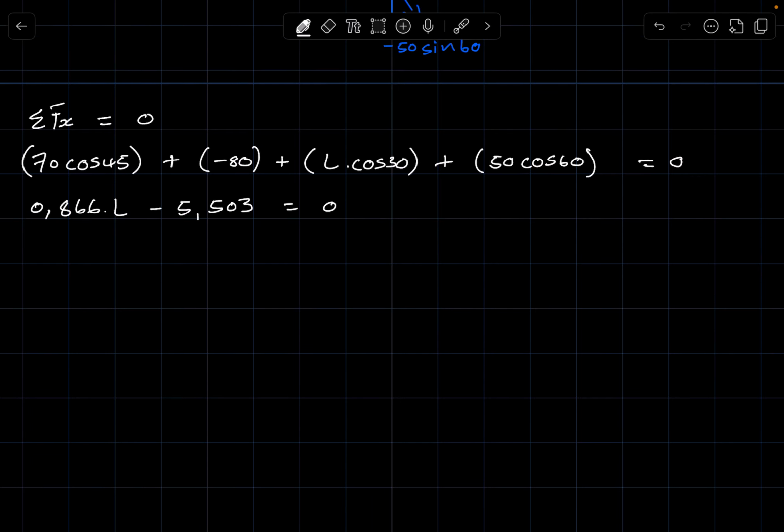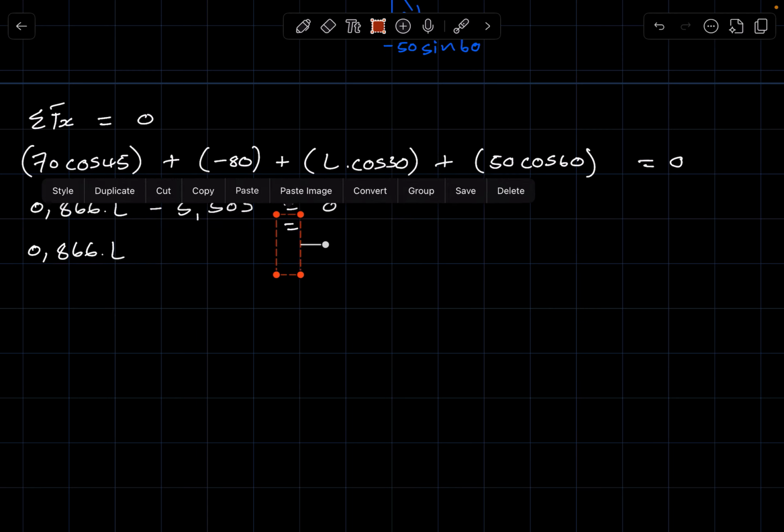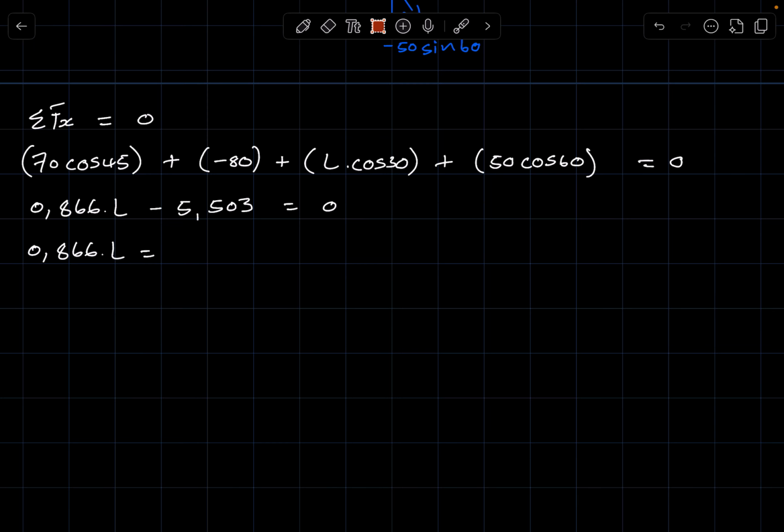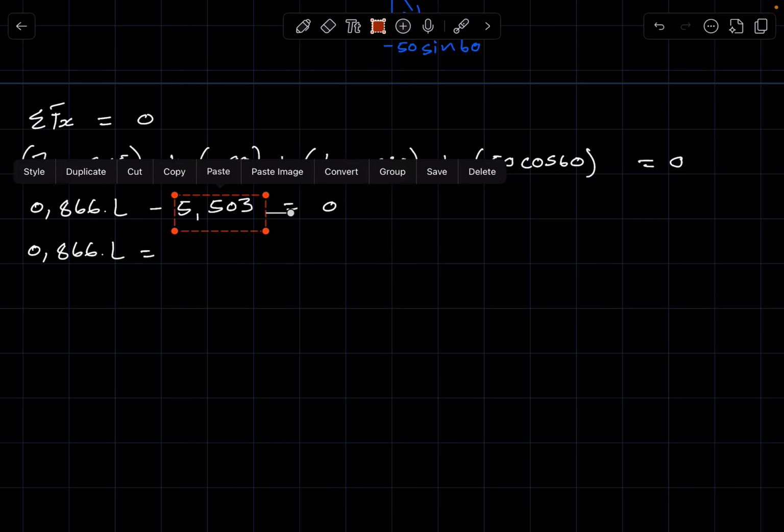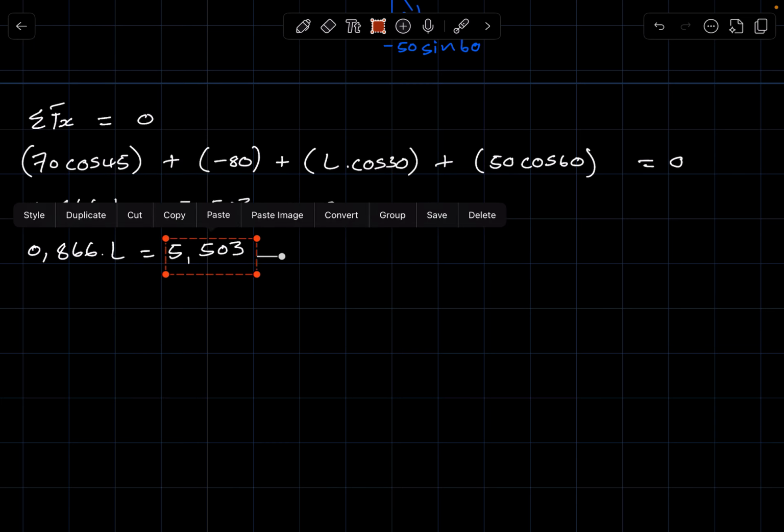We are looking for L, so we transpose this term to that side, of which it will become positive. So you'll be left with this is equal to positive 5,503.